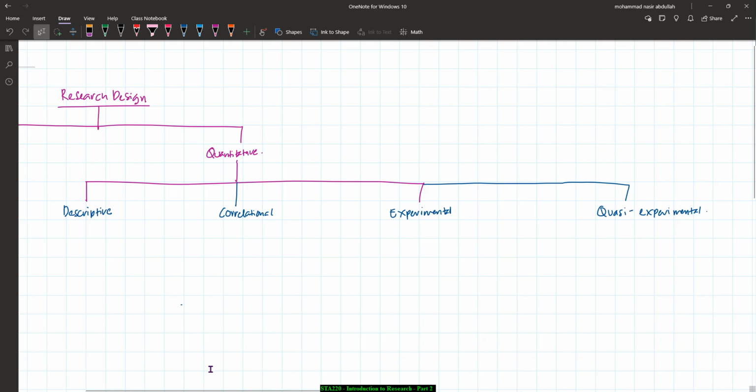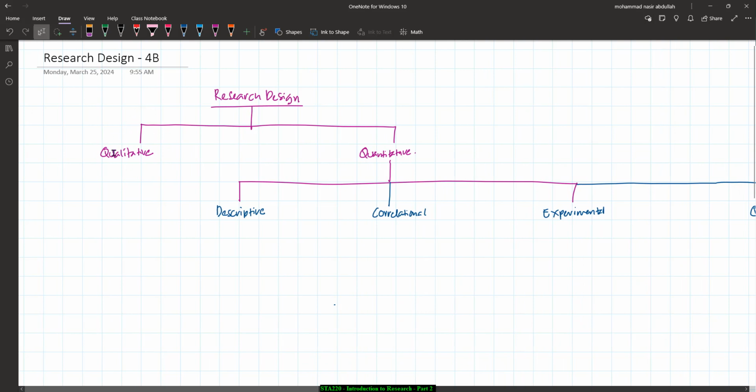Right. So as the names quantitative and qualitative suggest, qualitative deals with non-numeric data, right? Whereas in quantitative research design, we are looking into quantitative or numerical data.